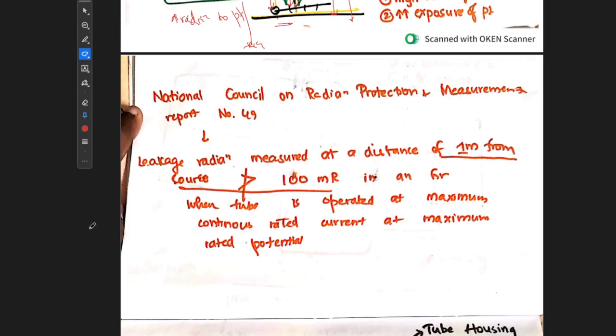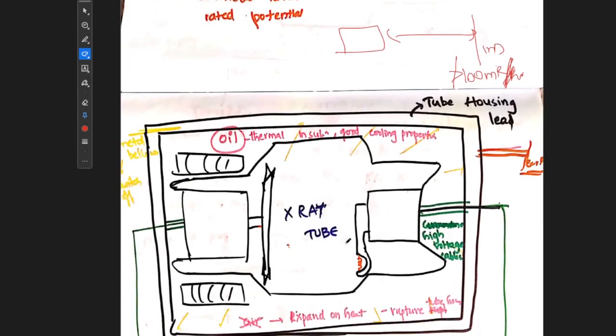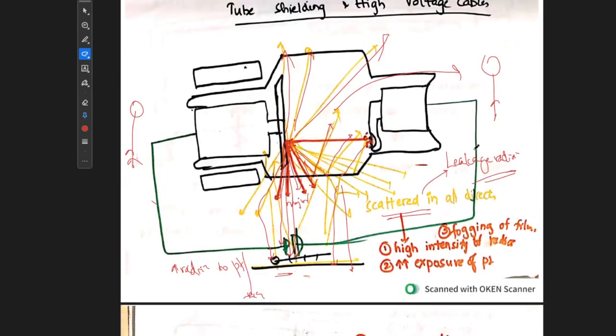According to NCRP report number 49, the leakage radiation measured at a distance of 1 meter from the source should not be more than 100 milliroentgen per hour, if the tube is operated at maximum continuous rated current and at maximum rated potential. So how will we prevent this leakage radiation?